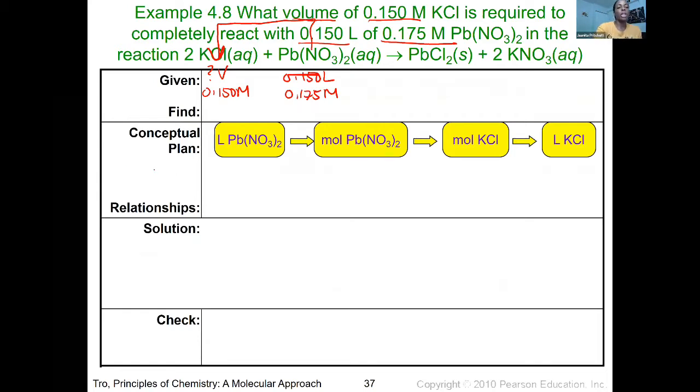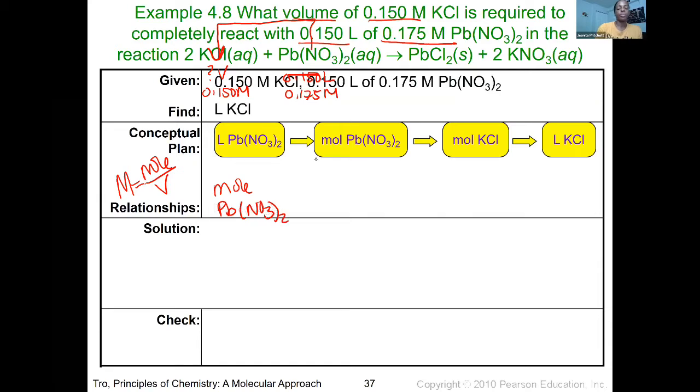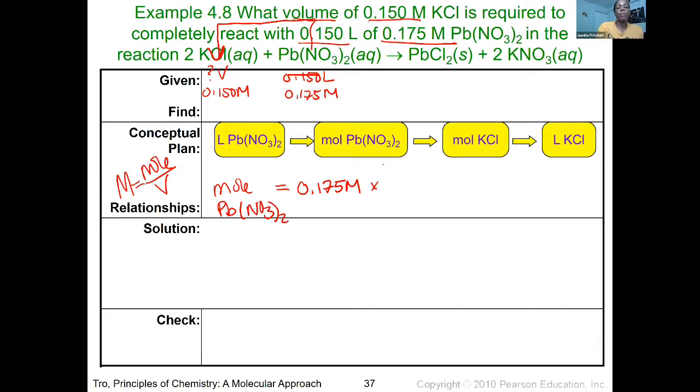If I rearrange my molarity formula, which we know is moles over volume, and solve for moles of the lead nitrate first, what I would end up doing is plugging in to solve for the moles, which is 0.175 molarity times the volume of 0.150 liters.